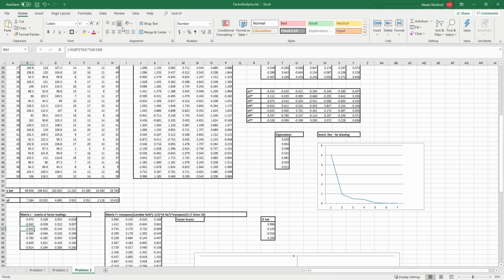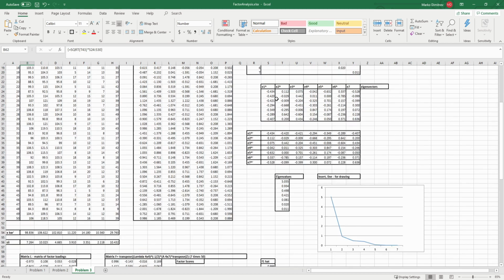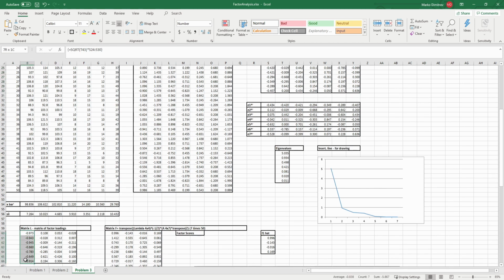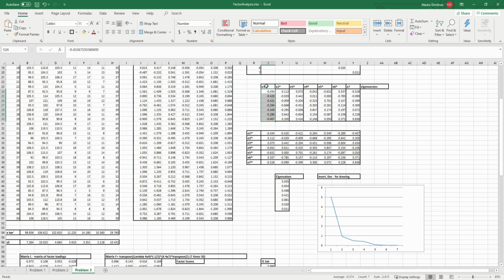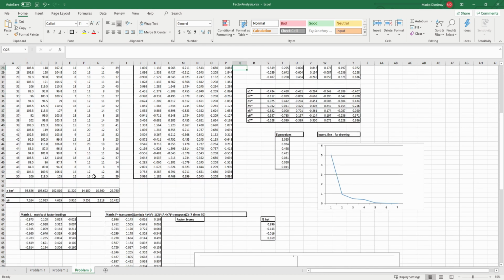Now, because we have eigenvalues and eigenvectors, we can just take the square root of our first eigenvalue and multiply it with our eigenvector. So this is our first column: square root of lambda 1 times our first vector, e1 hat. Same for the second one. So what would this number here be? It's the loading of what? The fourth variable on the first factor, right.